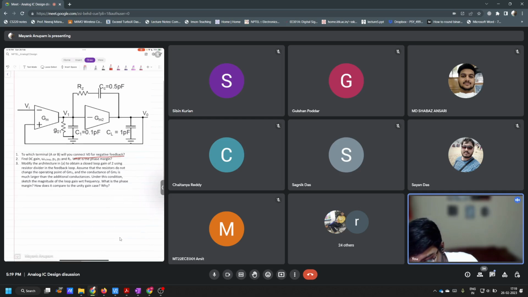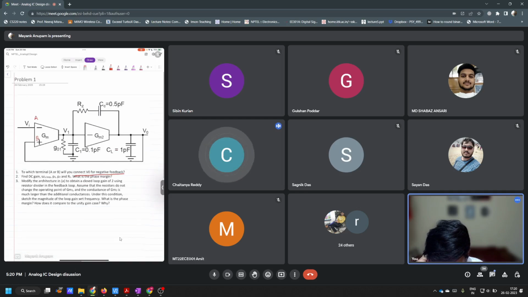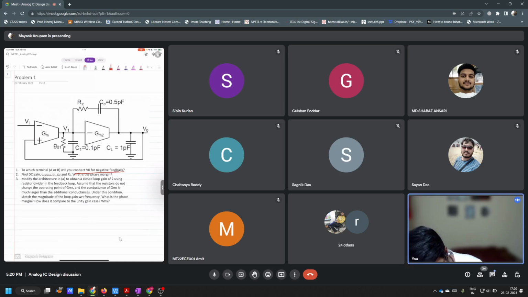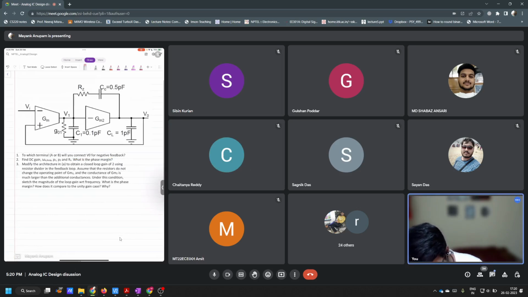Let's say this is A, and this is B. So which terminal should you connect? It's B only. Okay, my bad, this was already given. Fine, let it be.